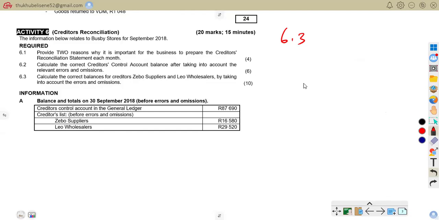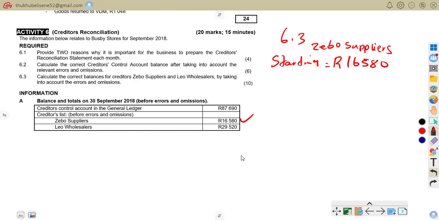So the starting balance here, the starting amount is going to equal to 16,580. This is the amount that is for Sebo suppliers. You're going to start with Sebo suppliers. So let's start with this supplier first, Sebo supplier.